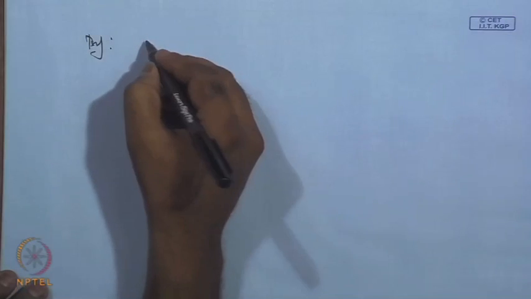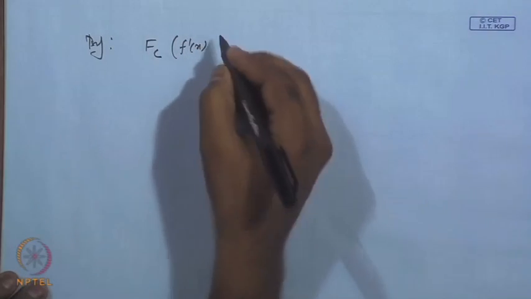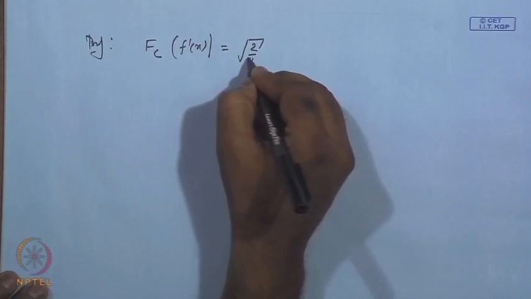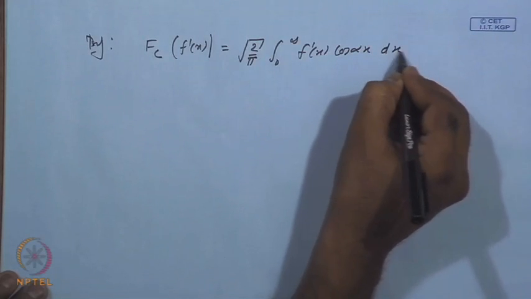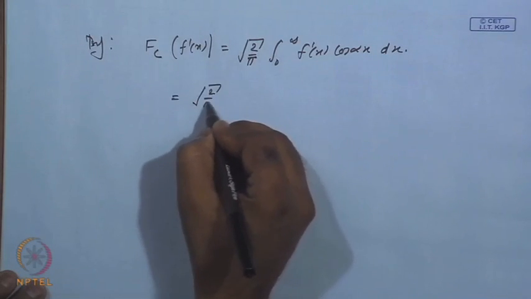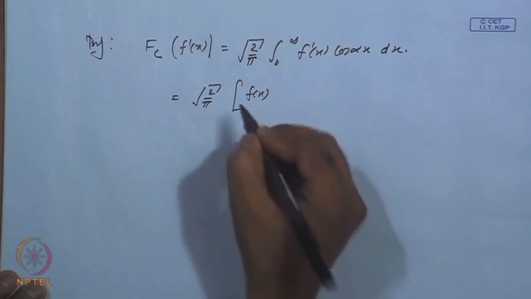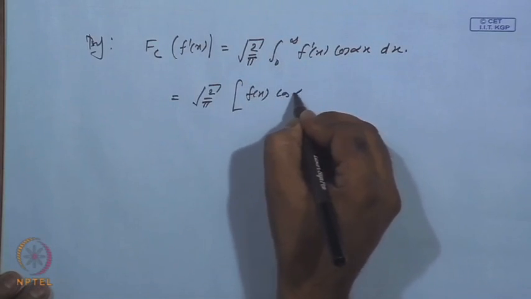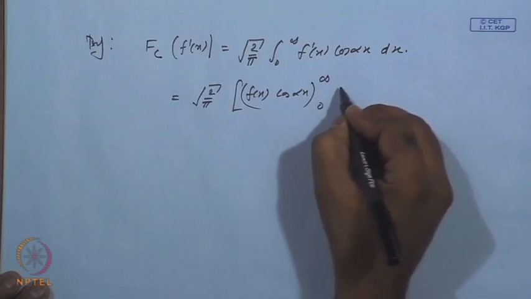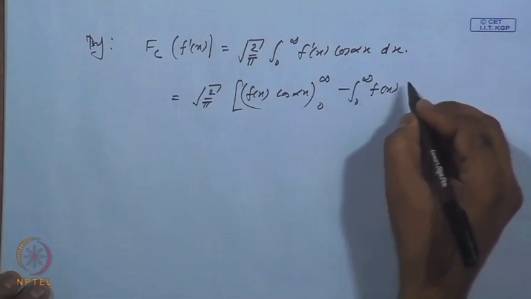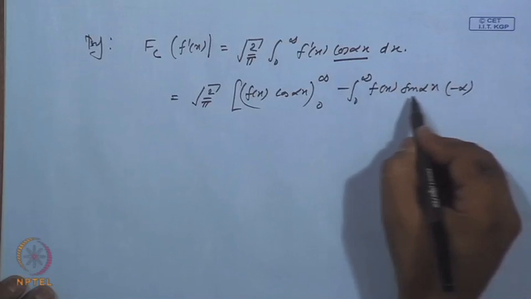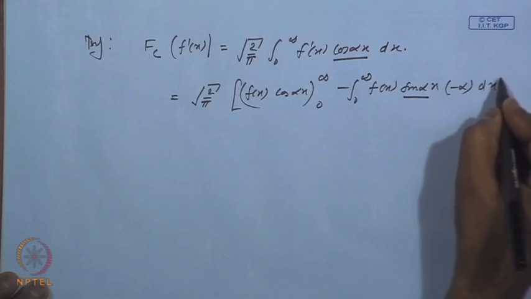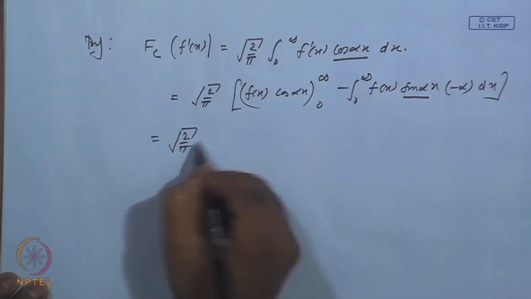So, let us go quickly to the proof. We have the Fourier cosine transform of f'(x), which is square root 2 over pi, integral from 0 to infinity, f'(x) cos(αx) dx. Then we integrate by parts: f(x) cos(αx) from 0 to infinity, minus the integral from 0 to infinity of f(x) times the derivative of cos(αx), which is minus alpha sin(αx), because of the minus sign in the differentiation.